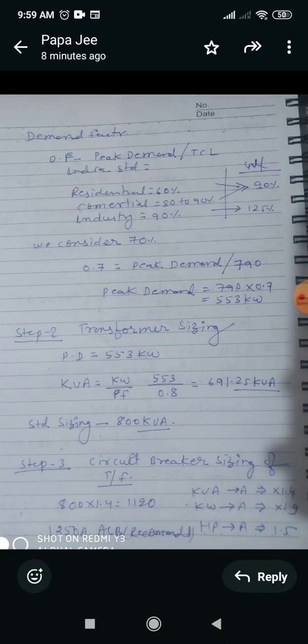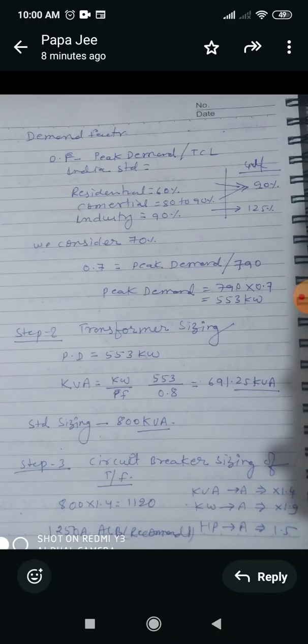If we go to the Gulf, it's different. Residential and commercial we take 90%, and for industrial 125%. So here we consider 70%. Okay, so the peak demand will be 790 kilowatt times 70%, so 553 kilowatts.